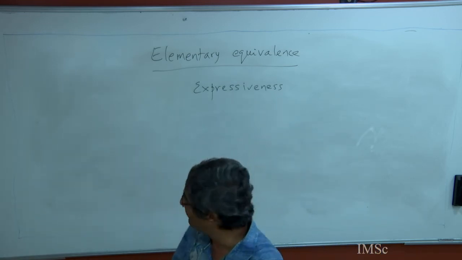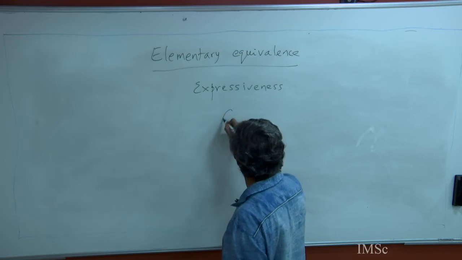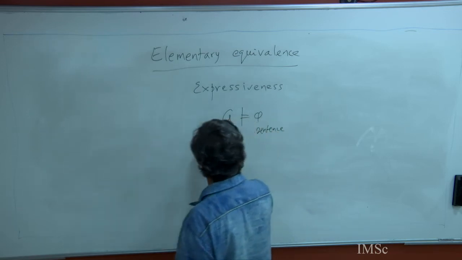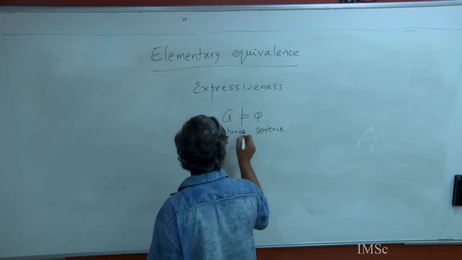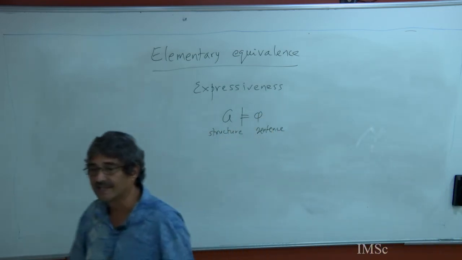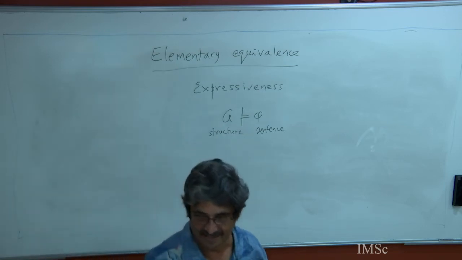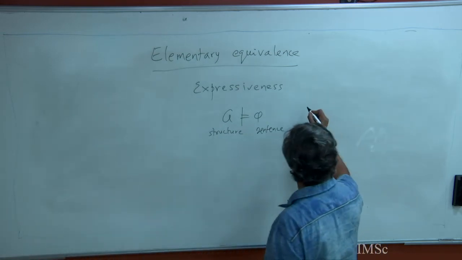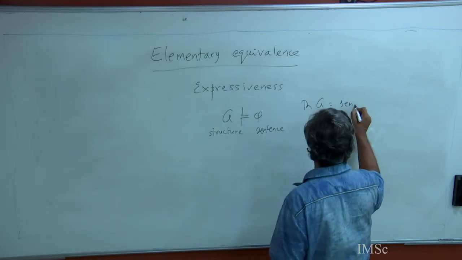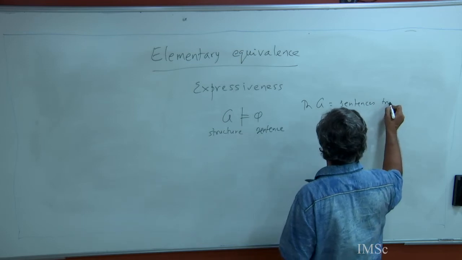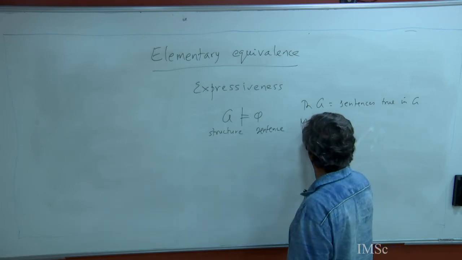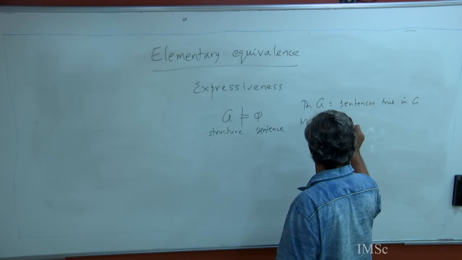So in general, when you have a structure, if you fix a language L and look at a first order structure, then a sentence is either true or false in it, right? So we can talk about the theory of the structure, or we can talk about models of phi to be structures.